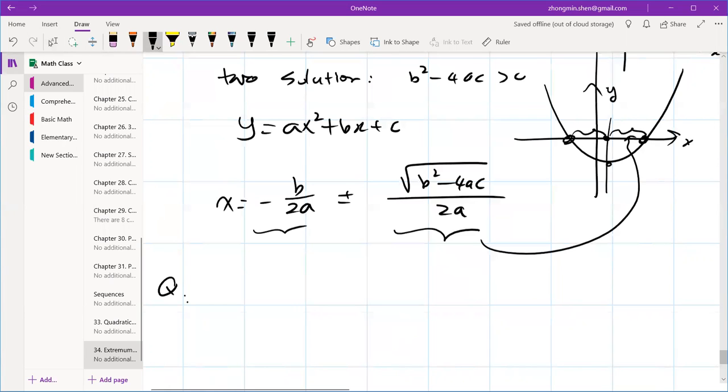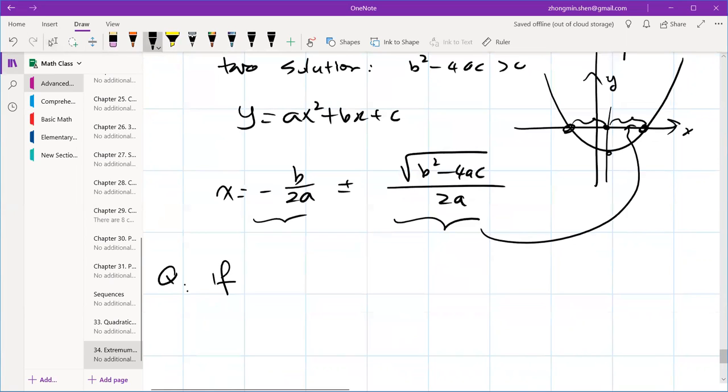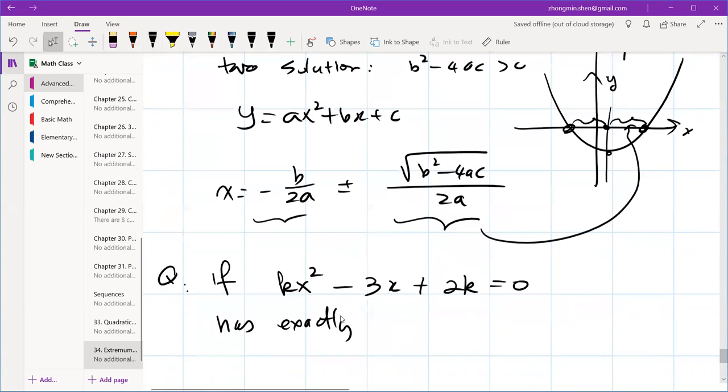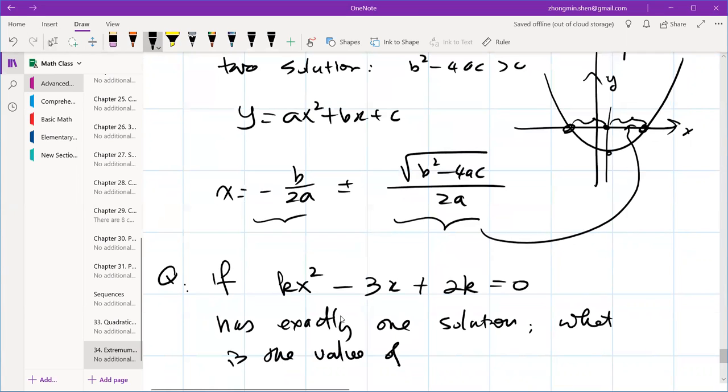If we have kx squared minus 3x plus 2k equals 0 and it has exactly one solution, what is the value of k?